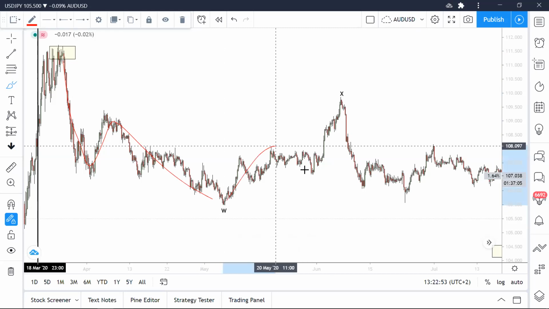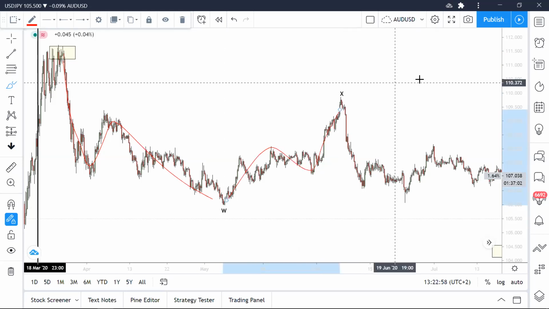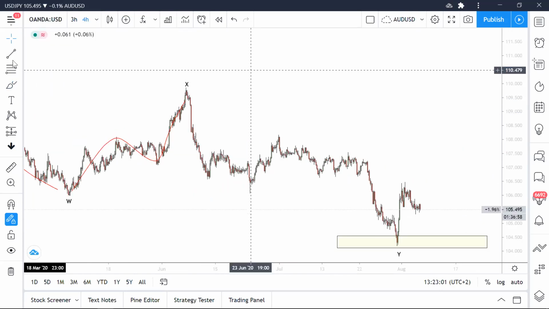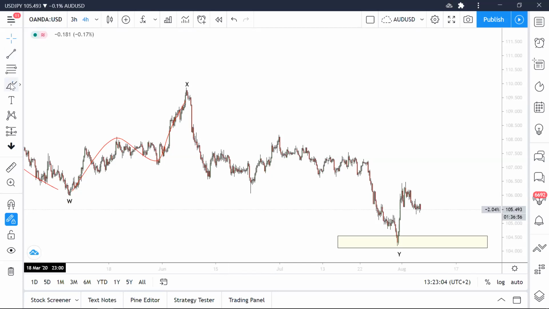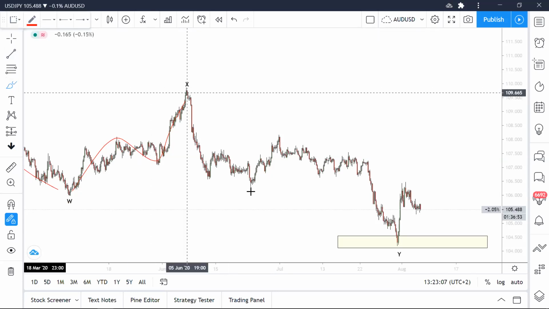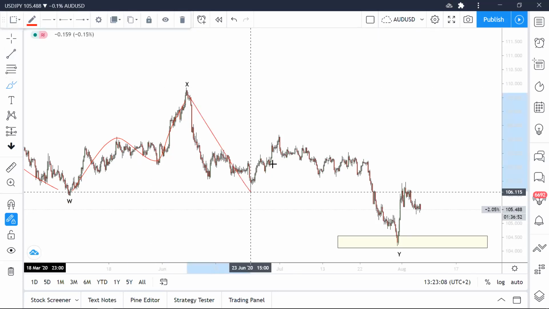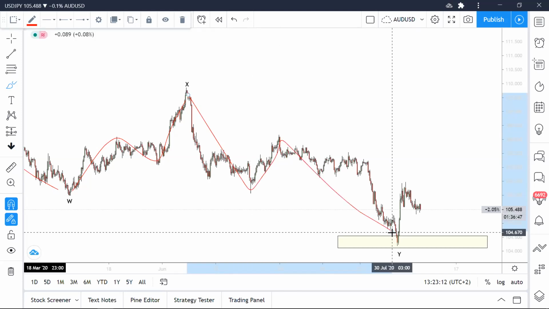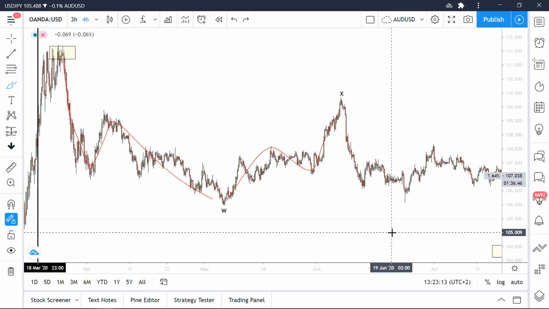You're looking at A, B, and then C. And then for your wave Y, you're essentially looking at the same thing here, which is this low here, A, then you're looking for B, then you're looking for C, right? So that is one way to look at it.